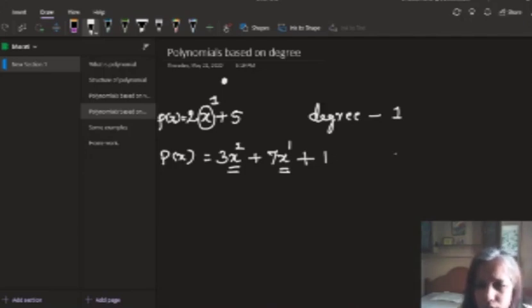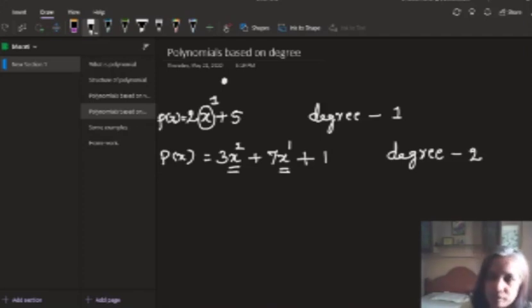Okay. For the time being, let me consider the more power. Whose power is more here? Absolutely 2. So I'll consider the power of x as 2 as the degree here. Okay, that is 2.